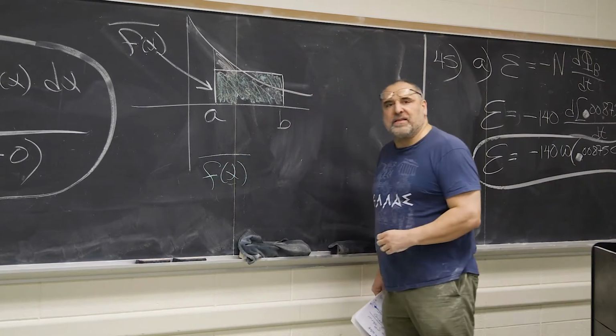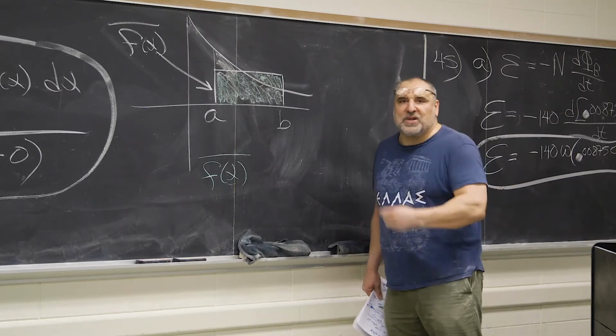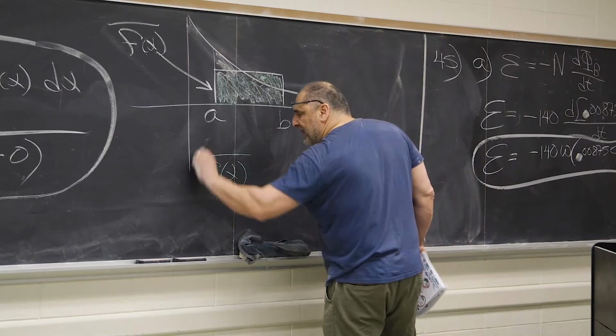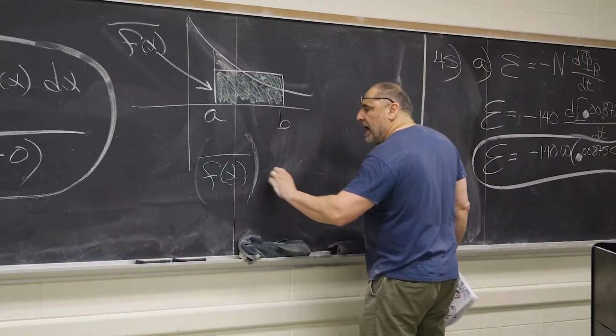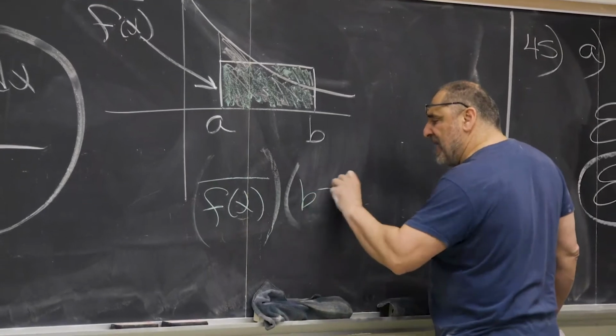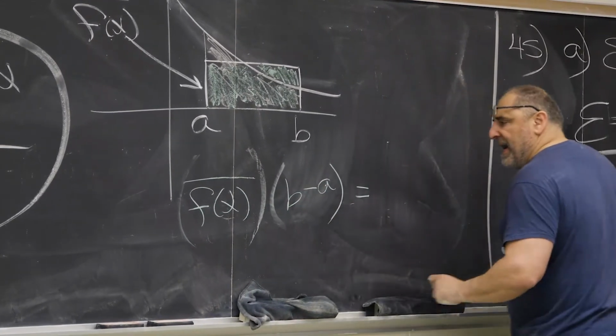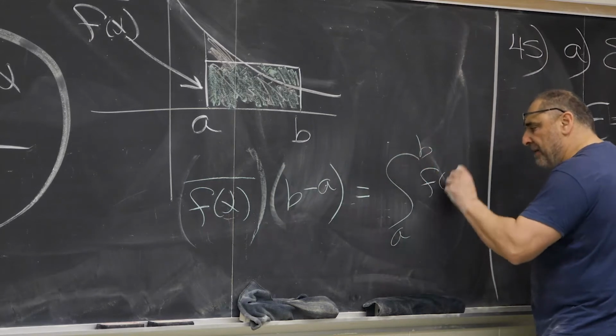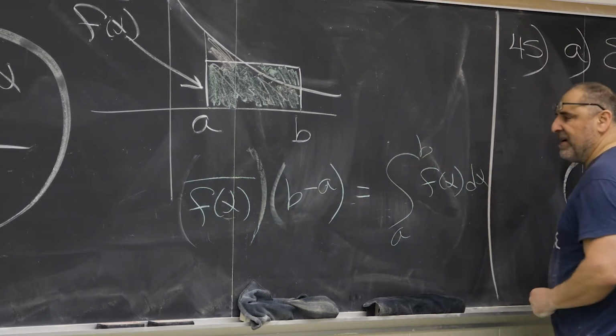I love this chalk. It doesn't erase to save its life, but it does write nicely. So you've got this right here, okay, that's the height. B minus A is the length. And I'm telling you that area is the integral from A to B of f of x dx.